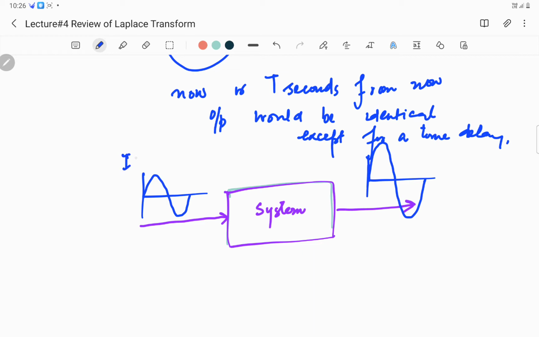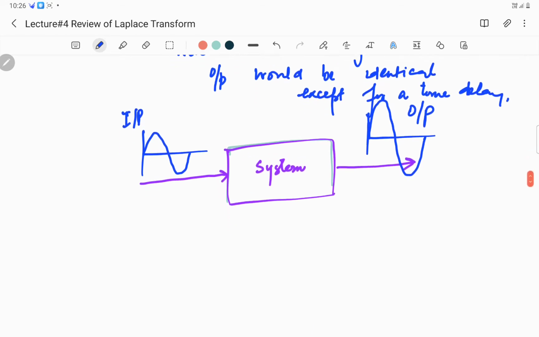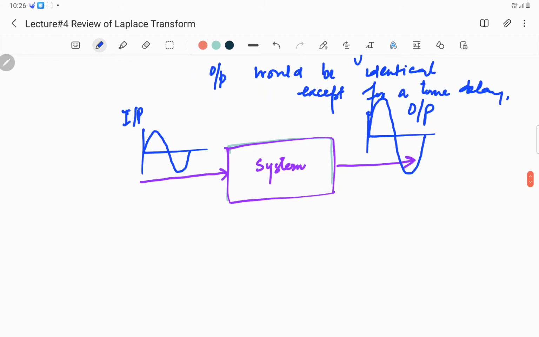So this is our input, our output is this. Now to the same system, if I apply the same input delayed, say, by a delay of T, so this input is x of t minus T, so we are giving a delay of T seconds.